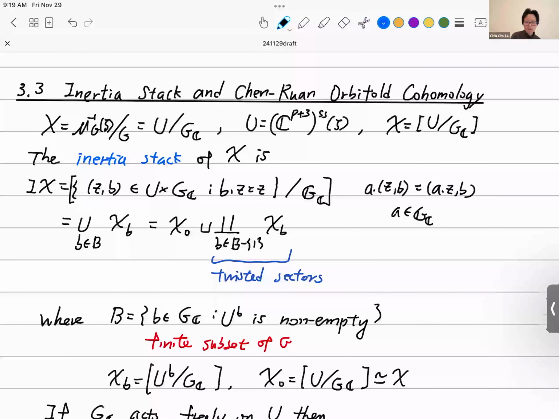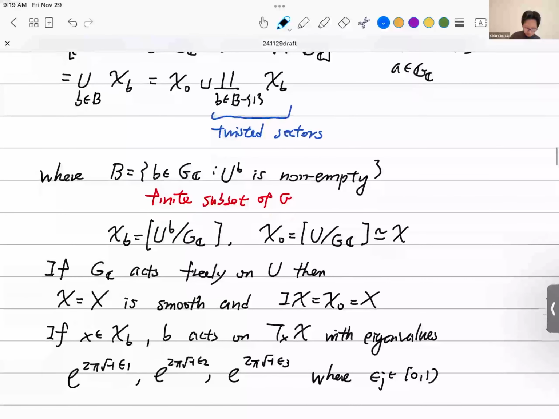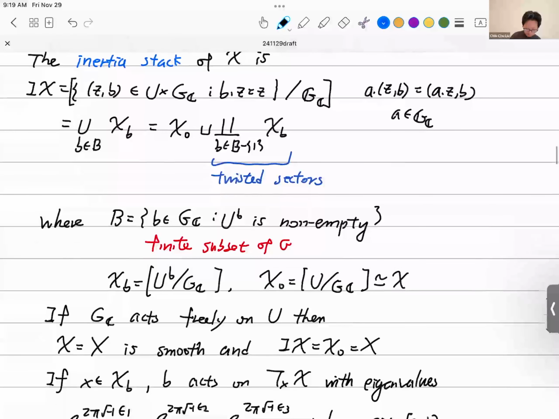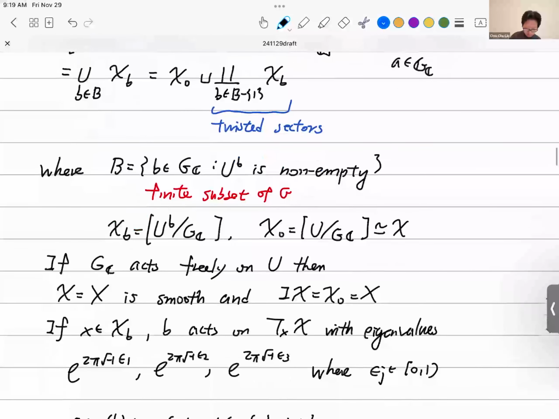The other components are usually called twisted sectors. So you see that if G_C acts freely, then we only have the untwisted sector. In this case, curly X is X, and the inertia stack is equal to itself.